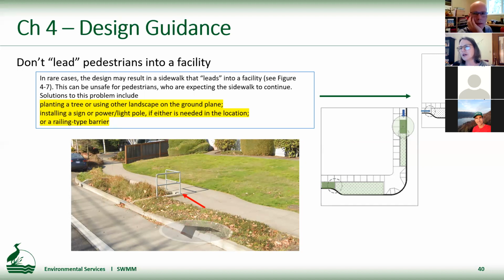But probably preferred by the visually impaired would be to shift the edge of the vegetation over so that it lined up with the facility, and didn't lead a person into the stormwater facility.